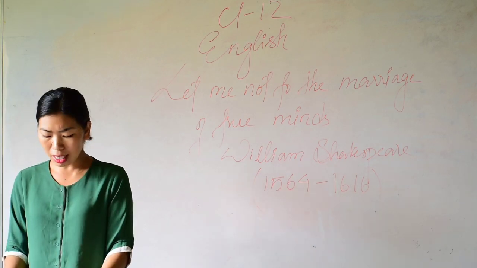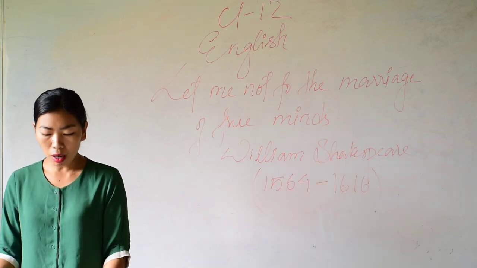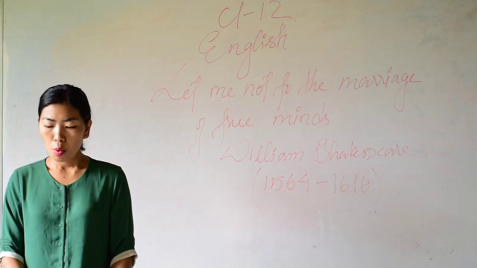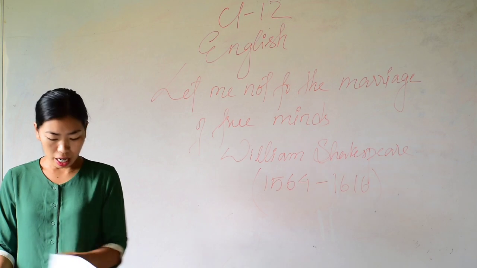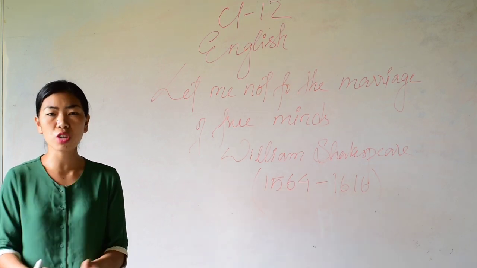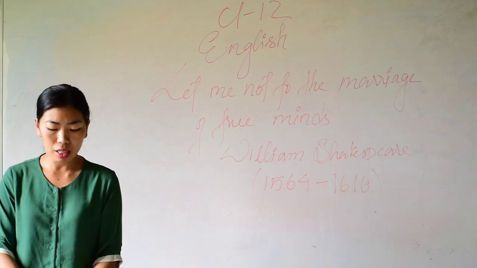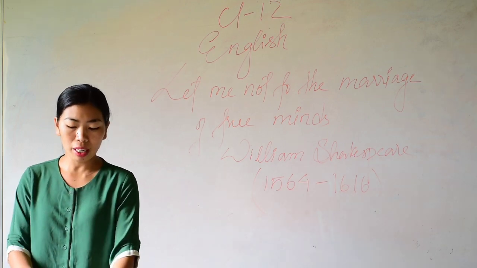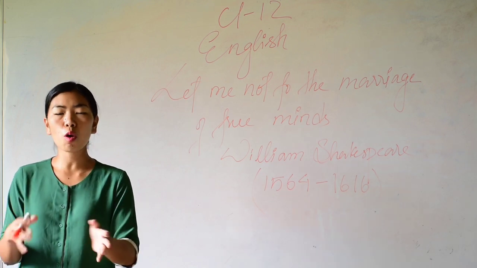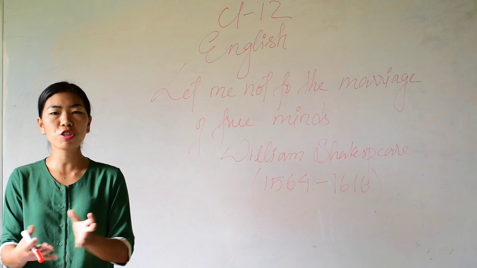Here Shakespeare says that love is not love when it changes, when someone tries to change it. Or love is not true love when it bends along with the situation or time.